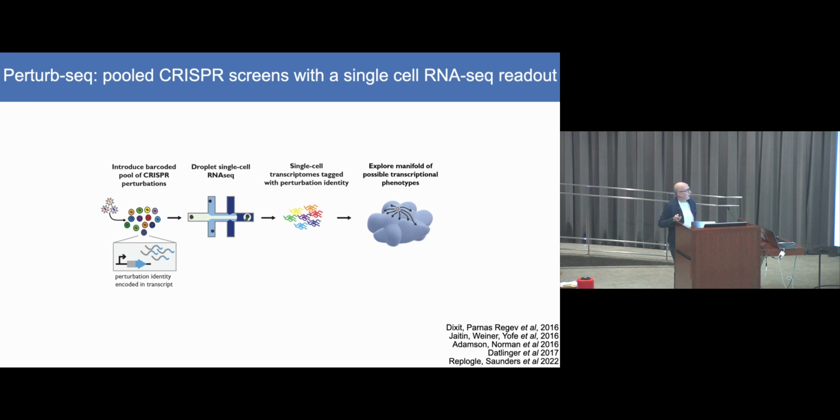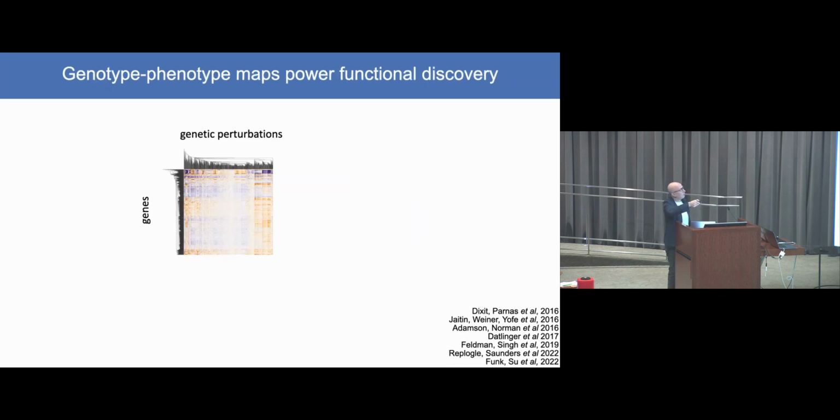We then, Joseph Replogle, really, a wonderful student then in the lab, sat down to scale this from 100 genes to a genome-wide scale. And with this, working together with Reuben Saunders, developed the first genome-wide genotype-phenotype map, in which each of these columns would be the genetic perturbation.